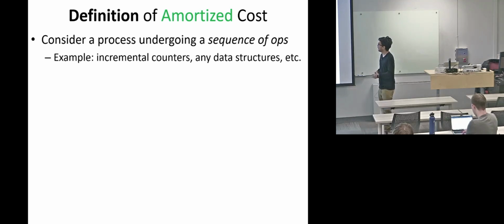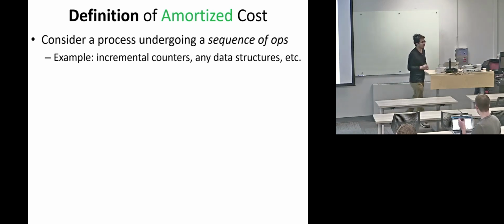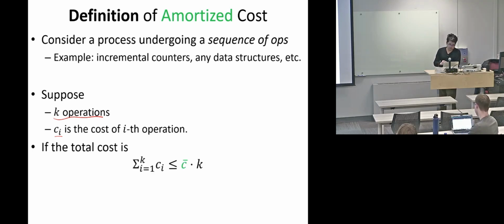But you can talk about it for any data structure, for example the priority queue that we looked at last time, where there are insert, delete, min, decrease key, some sequence of operations. Now you can talk about what's the average cost overall of our sequence. Suppose that there are k operations in total, and the cost of the ith operation is ci, then the total cost is just the sum of the costs.